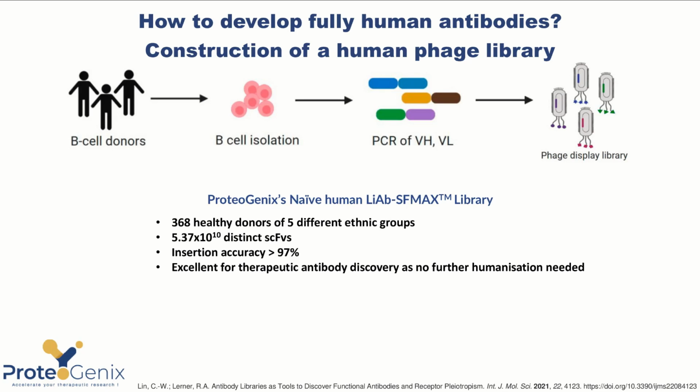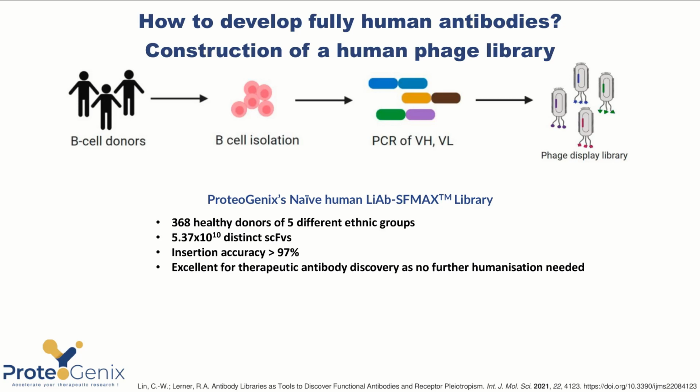One example of such a library is Proteogenics' high-diversity naïve human library, which has been constructed from 368 healthy donors from 5 different ethnic backgrounds in order to maximize the diversity of the library, as there can be significant variability in the immune repertoire of individual humans.